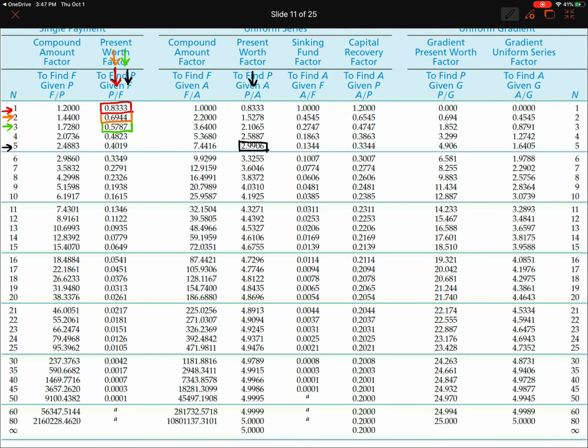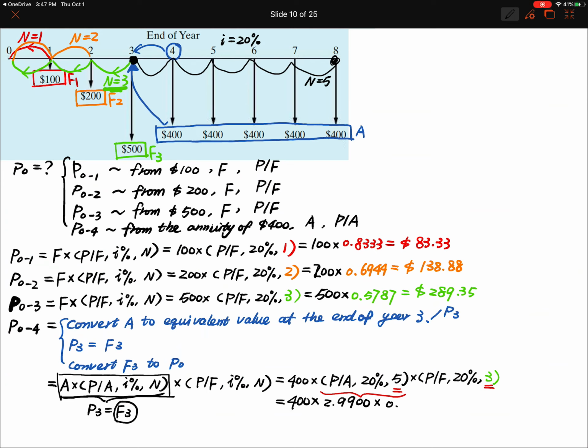It's P/F, and the number of years is 3. So it is this one, 0.5787. So the final is 692.26.